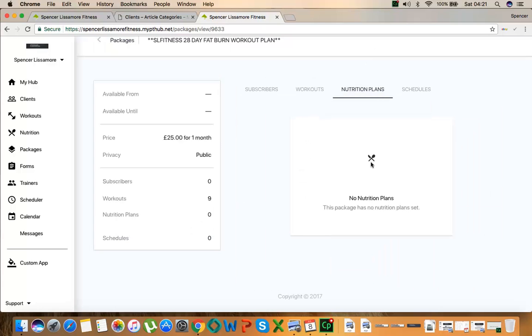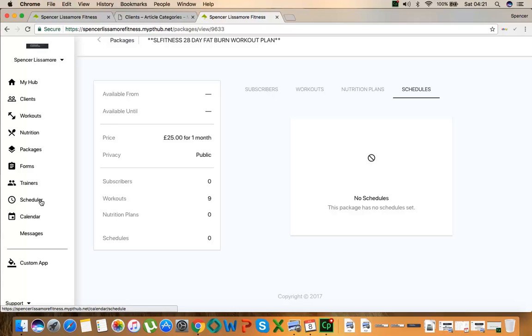nutrition plan that has not been allocated, however would be after the questionnaire has been filled in post purchase of the fat burn workout plan, obviously taking into consideration all the questions which I'll show you in the next tab, forms, just here, taking into consideration the questions answered and what meets their needs and what is actually feasible, what can be done.